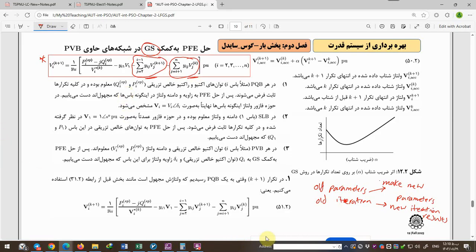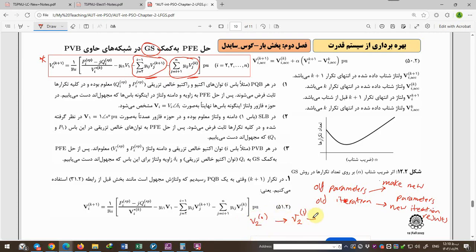When you want V in bus 2 in iteration 1, you have to use V2 in iteration 0, the initial value.